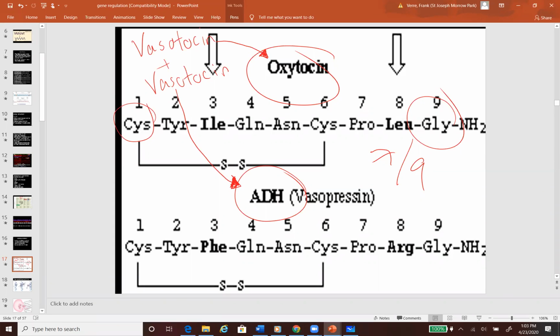And that's why, notice the name, vasotocin. So vasopressin and oxytocin are actually descended from vasotocin through a duplication process. There are many examples in our genome of this. There's one. I'll show you.